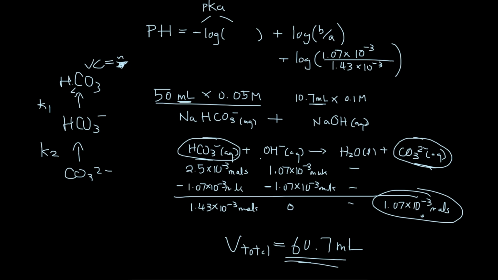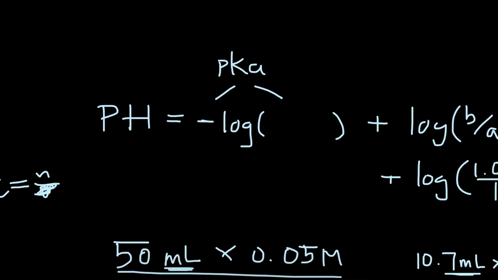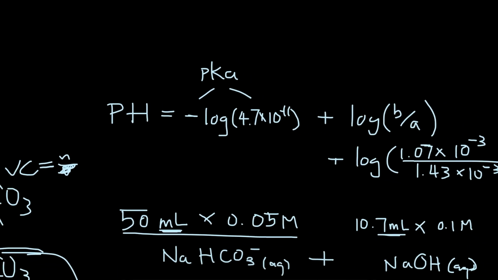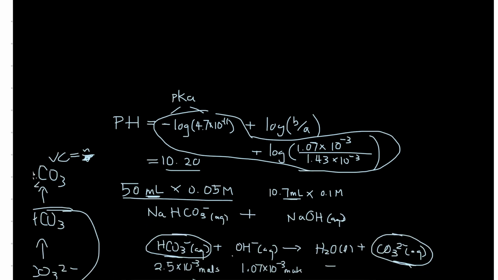Because our conjugate bases are these, we're going to use the Ka value number 2, whatever that may be on your formula sheet. On mine it says this. So if we throw all of this in, we will end up getting a pH of 10.2. And there you have it.